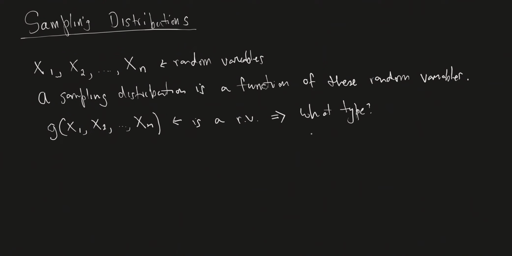What is its distribution? Let's say, for instance, they're all normal. Is the combination going to be normal? Can we find its mean? Can we find its variance and standard deviation? So in general, these are very, very difficult questions.